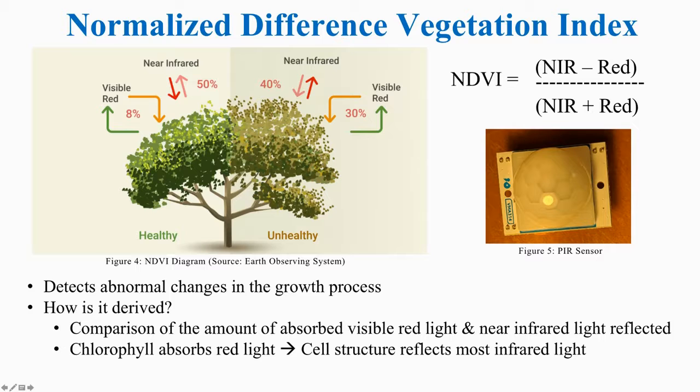You can see the difference in values in the unhealthy plant, where the absorbed and reflected values are far different. So now we understand that a healthy plant has certain values and an unhealthy plant has other values, and that's how we identify plant health using this PIR sensor you can see on the right. The equation for NDVI is the near infrared light minus the red light value, over the near infrared light value plus the red light value.